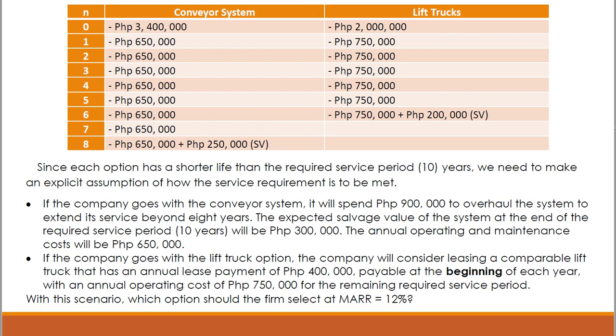So if the company goes with the conveyor system, it will spend 900,000 pesos to overhaul the system to extend its service beyond 8 years. So you overhaul it, and that would cost 900,000 pesos. The expected salvage value of the system at the end of the required service, which is 10 years, will be 300,000 pesos.